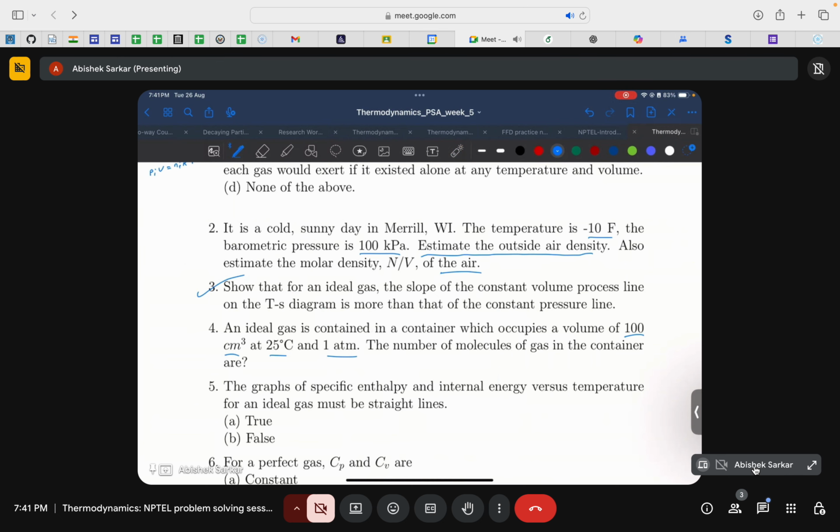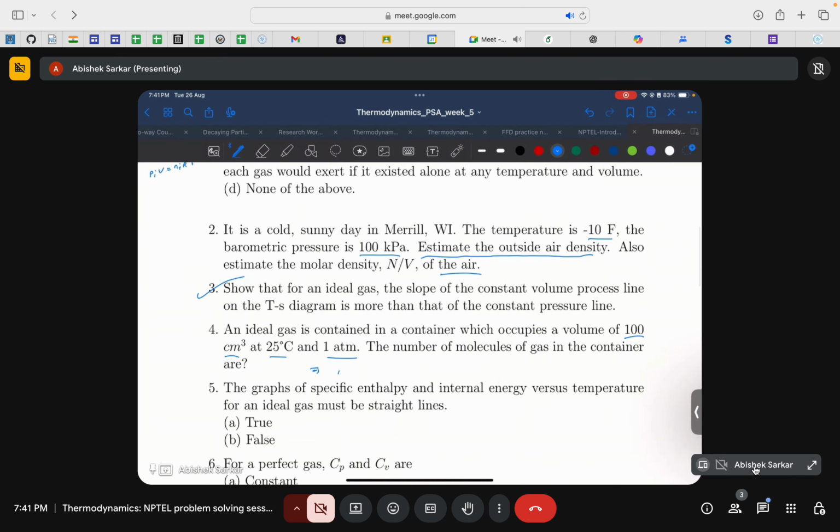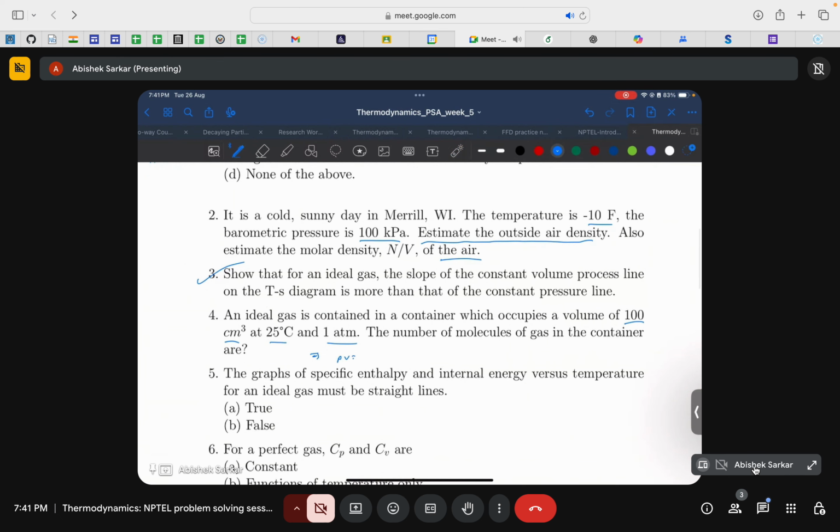You can use this equation, that is PV is equal to N R bar T. So N will be equal to PV by R bar T. You simply use this, you know P, V and T, and R you already know is the universal gas constant.